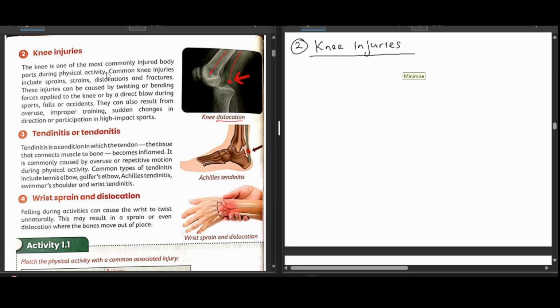The knee is one of the most commonly injured body parts during physical activities. So that's the first point.